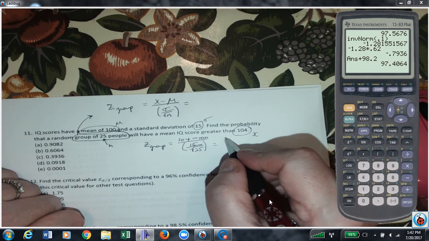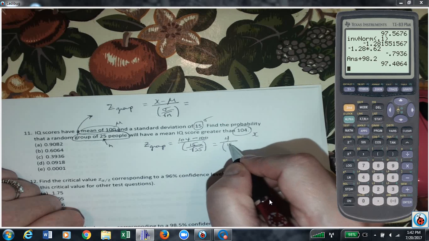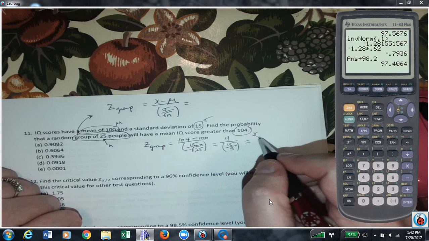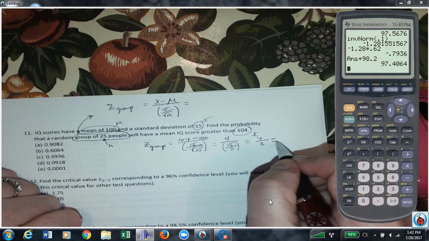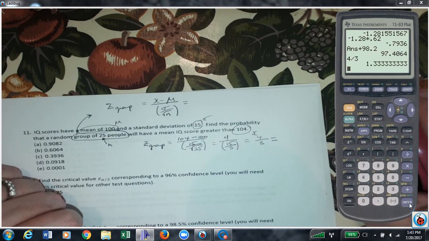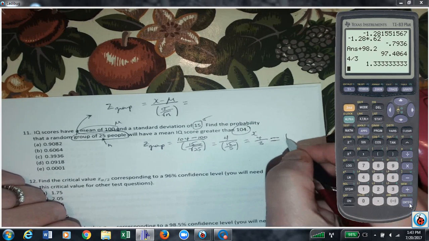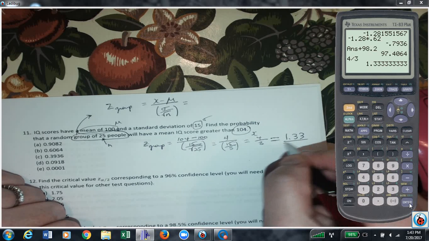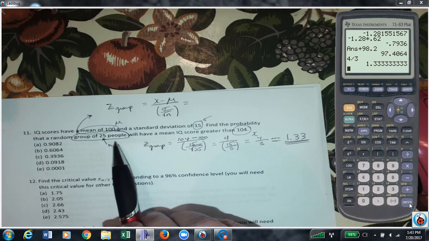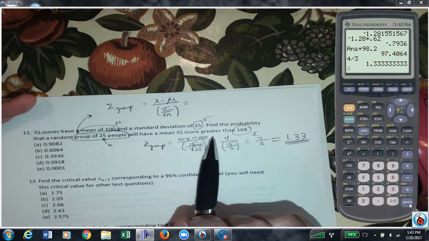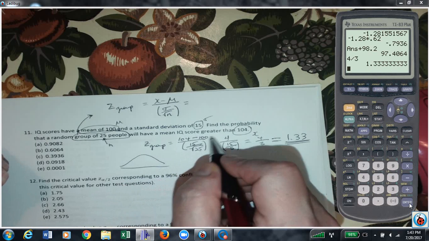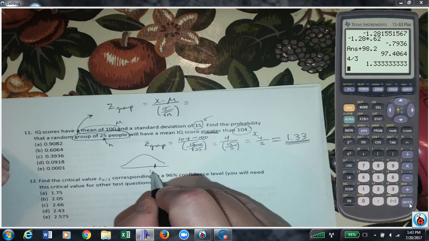So in the top here I get 4, and in the bottom this fraction is going to be 15 divided by 5, and 15 divided by 5 is 3, so I'm going to have 4/3 for my group z-score, which is about 1.33. So that's the z-score for my group. Now, what's the probability that the group will have a mean IQ score greater than 104? Well, since it's greater than, I'm going to want right area.